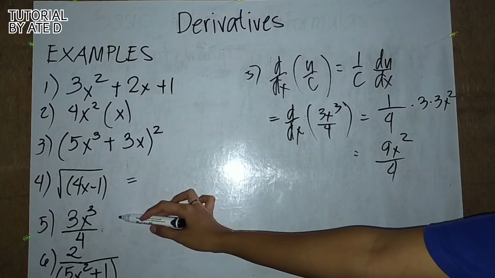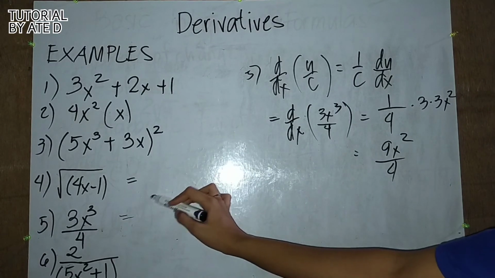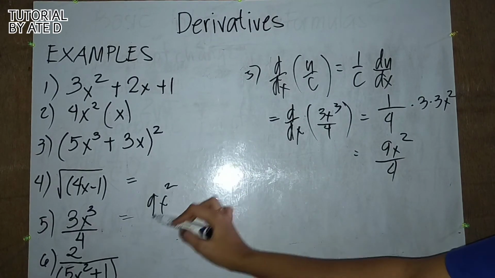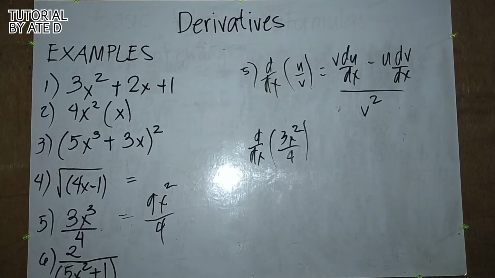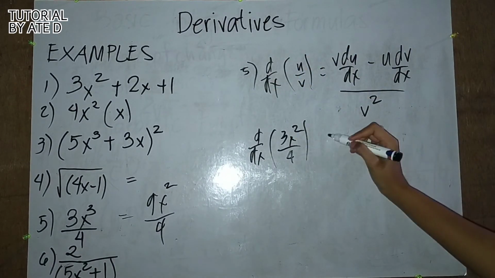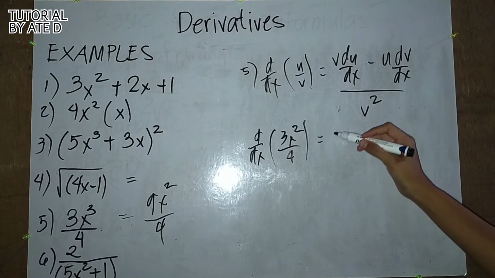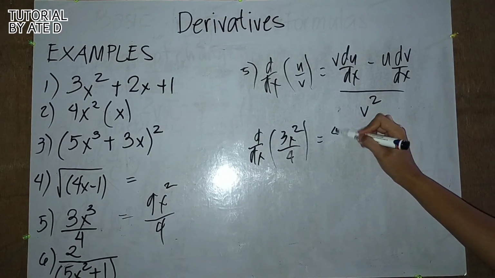So, susubukan natin yung isang way at i-compare kung magkaparehas din ang sagot. So, itong derivative of a quotient ang gagamitin natin. Ayan. So, kopyahin lang natin yung denominator, which is 4.